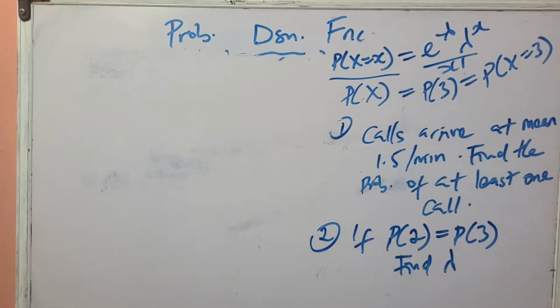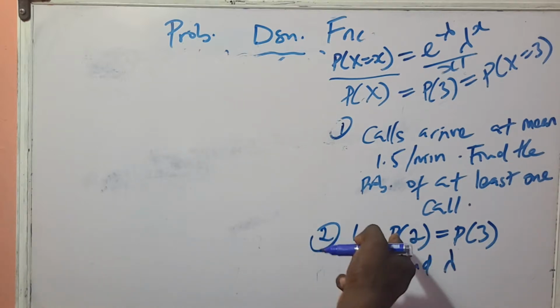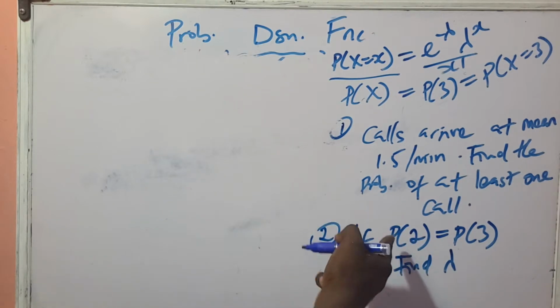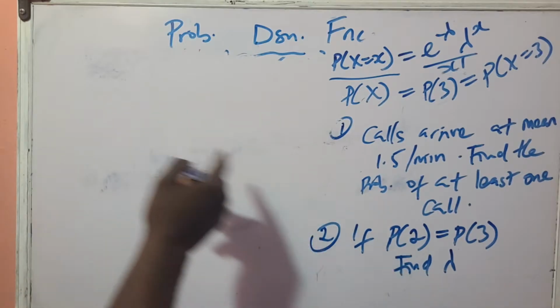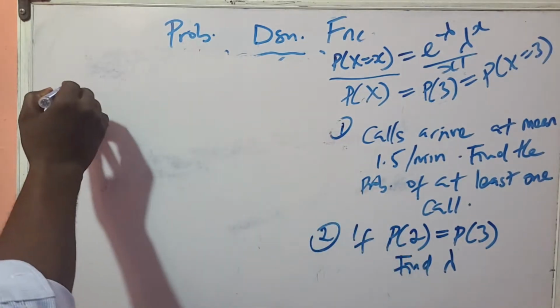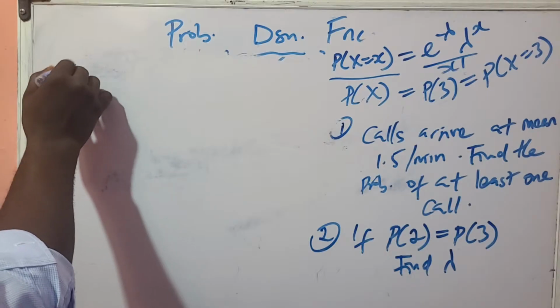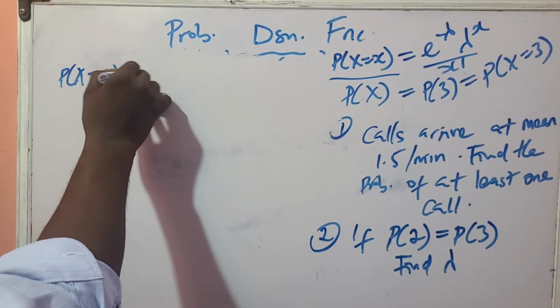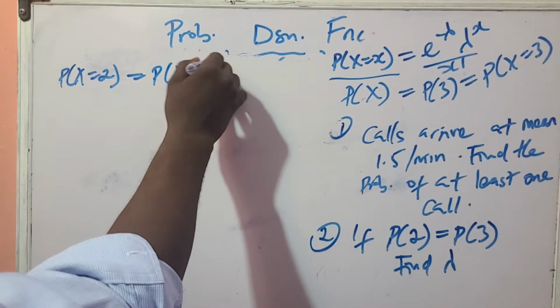What do you have to do right here? You have to bring out all the values. P2 will be x being 2, so it's like writing probability of x equals 2, equals probability of x equals 3.